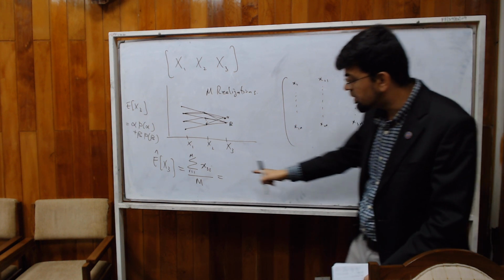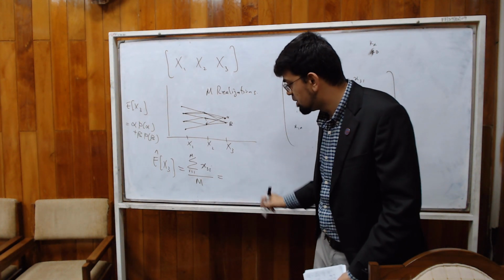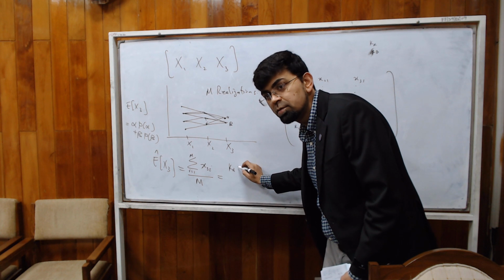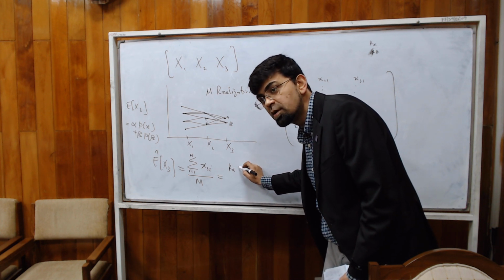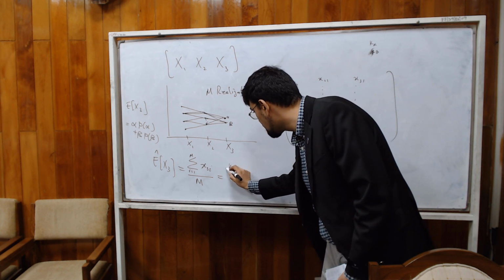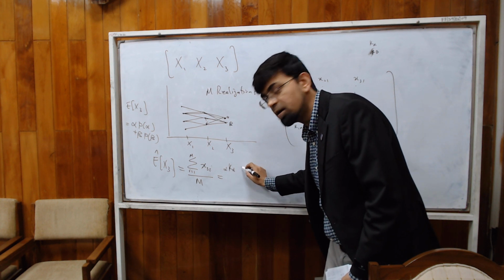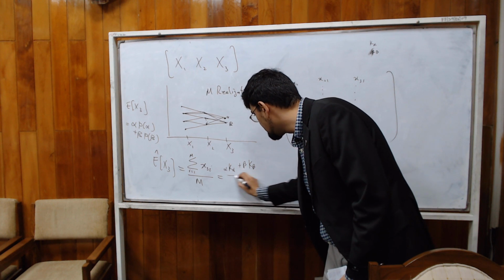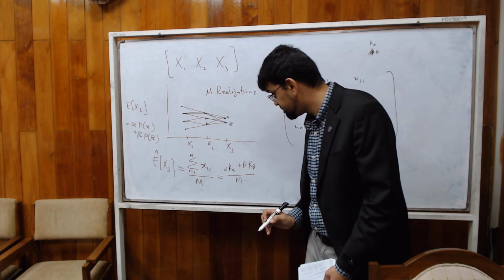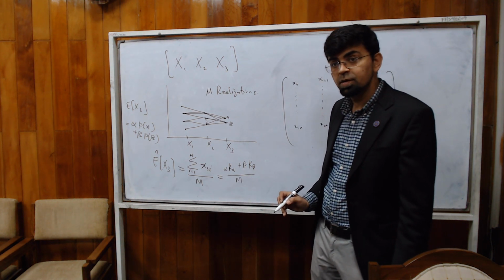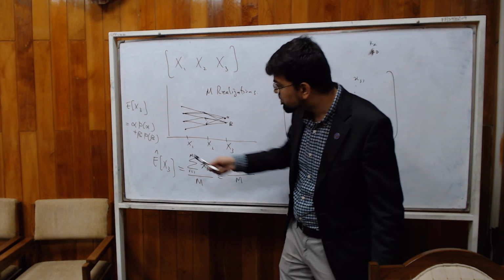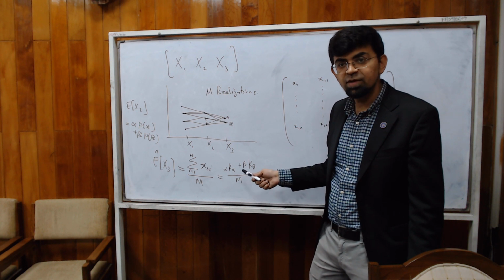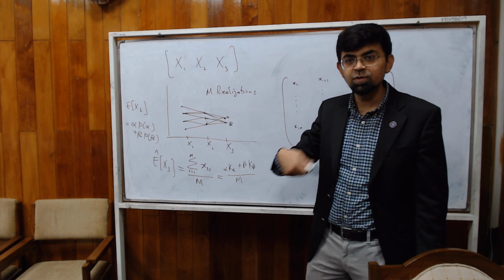Yes? So then essentially what are we saying here? We are saying this is alpha times k alpha plus beta times k beta, divided by M. And now you have brought in the relative frequency, or the relative likelihood.